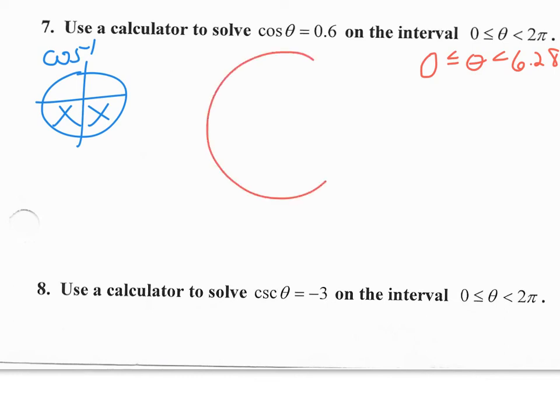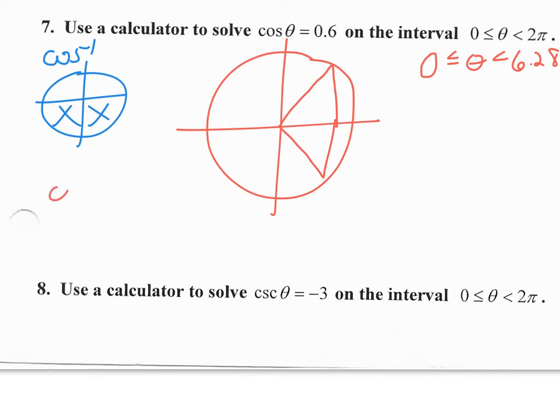So I'm thinking cosine, and again, it's not inverse. It's All Students Take Calculus for these. And cosine can be positive here and here. So if I hit the inverse cosine button, on my calculator I'm going to go inverse cosine of 0.6, and it will spit out 0.93.